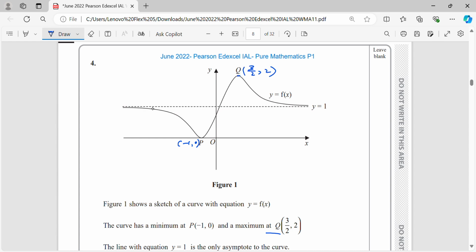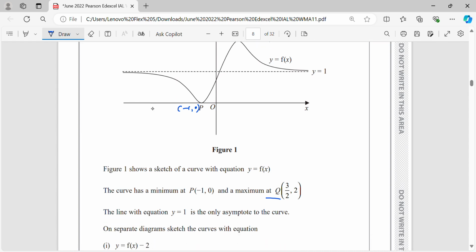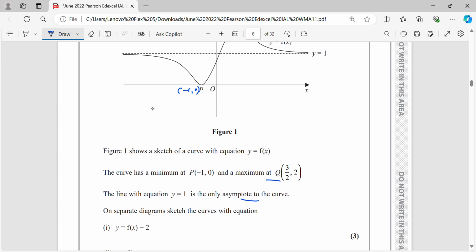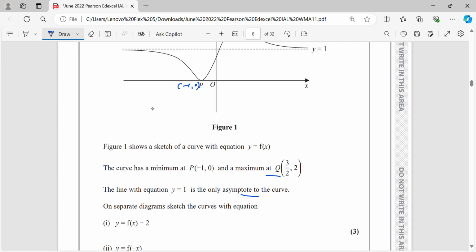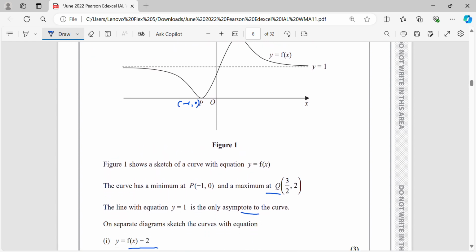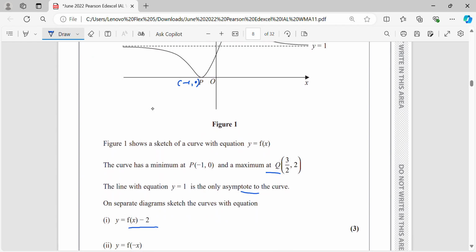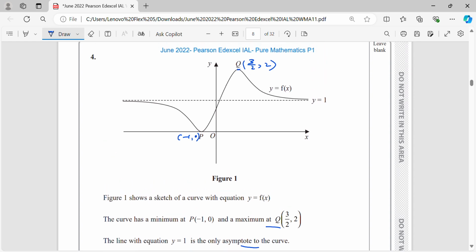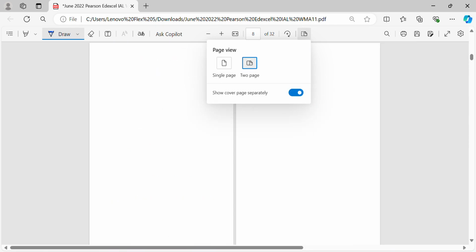All right. The line with the equation y equals 1 is the only asymptote to the curve. And on a separate diagram, sketch the curve with the equation f of x minus 2. So we need to sketch a diagram where we need to show that there is a vertical shift down 2 units down. Okay, so let's sketch it.